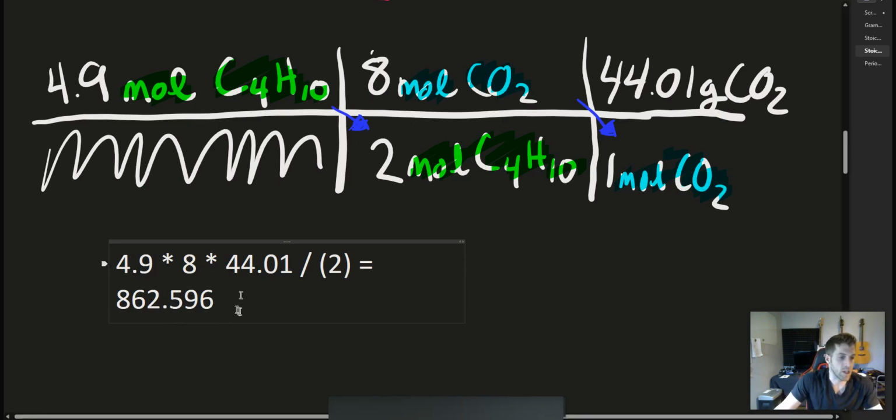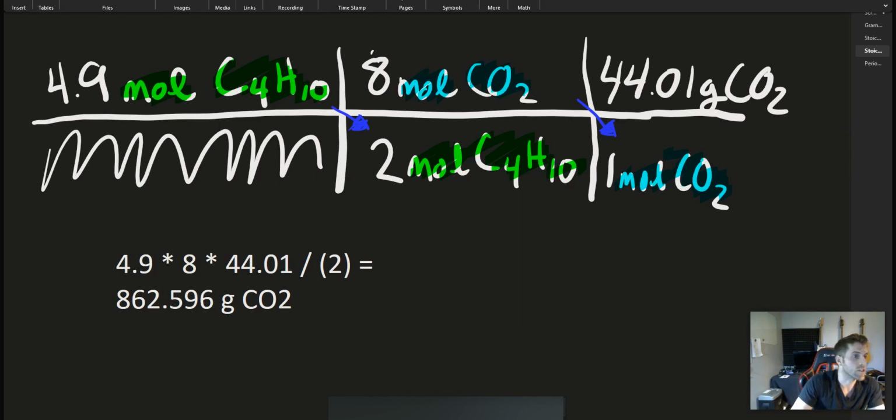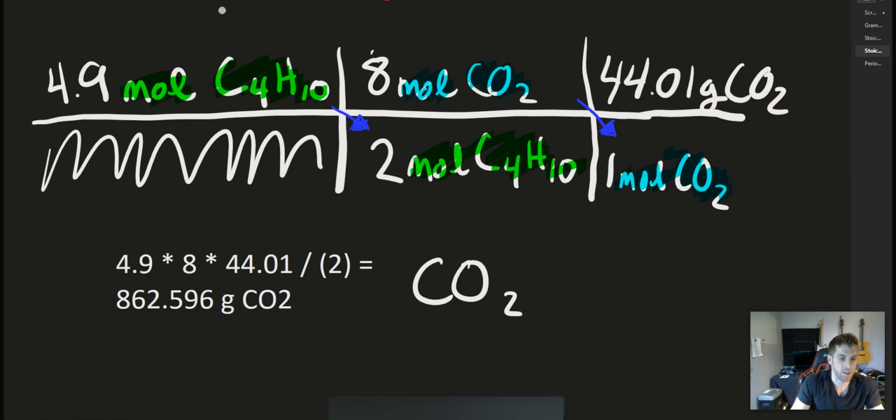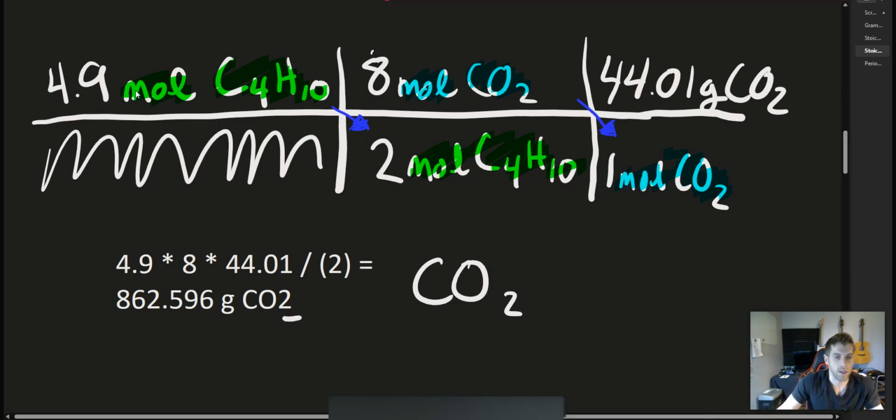So we actually end up with 862.596 grams of CO2, and I'll just write this out here. I could use the math insert, but what I will show you is that it's actually this, and we have a subscript there of CO2. Okay. All right, next problem.